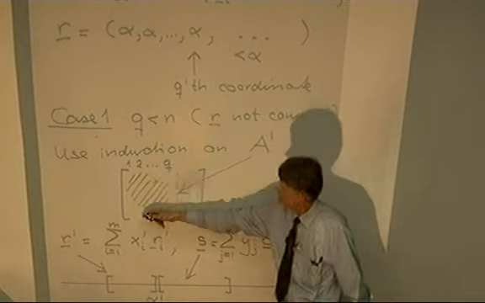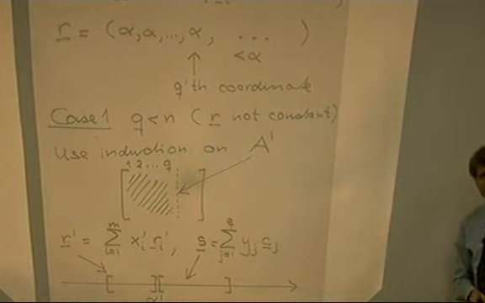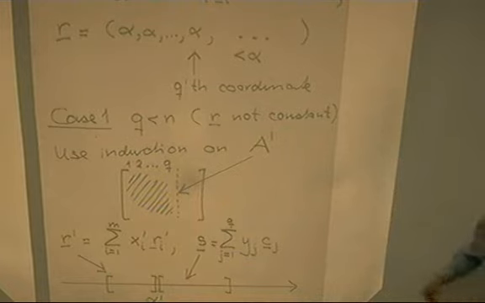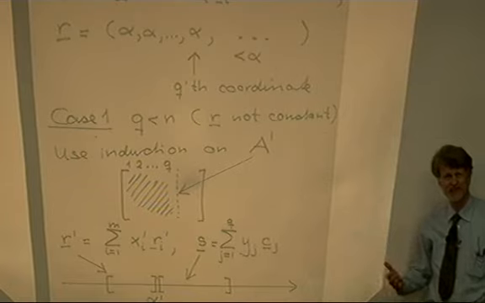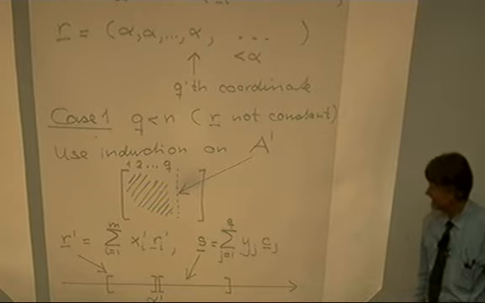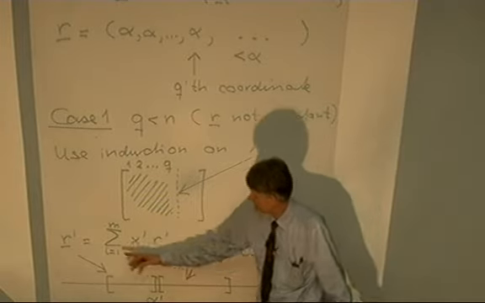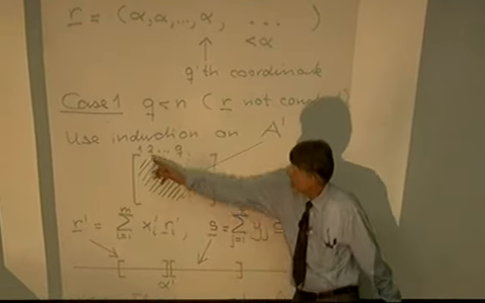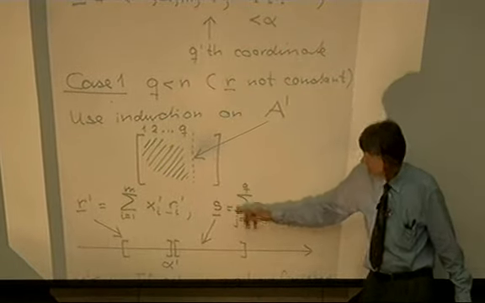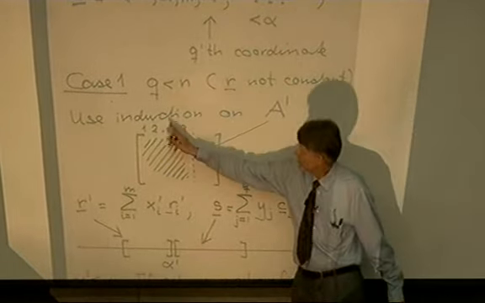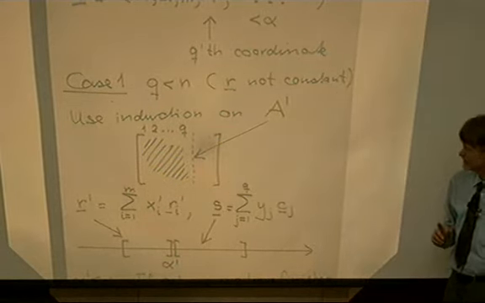And now I look at the first Q columns in the matrix, and I'm going to use induction on that submatrix. I call that submatrix A prime. And let me use the induction hypothesis and see what we get. The induction hypothesis tells me that I can find a row vector just using these smaller rows, and I can find a column vector just using these columns. They are also columns in the original matrix.